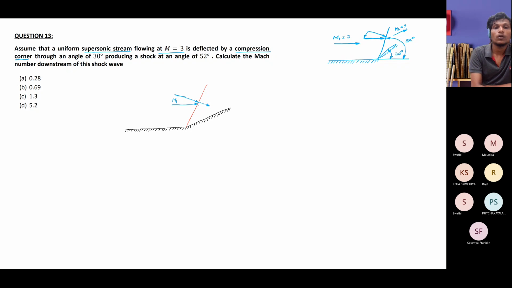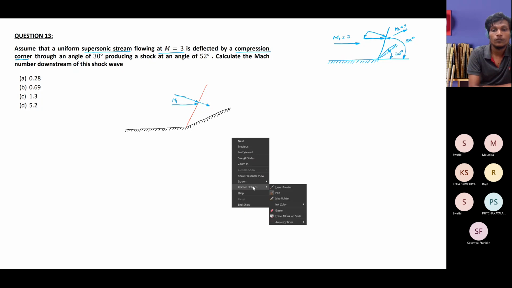This now makes our problem difficult compared to the normal shock wave.